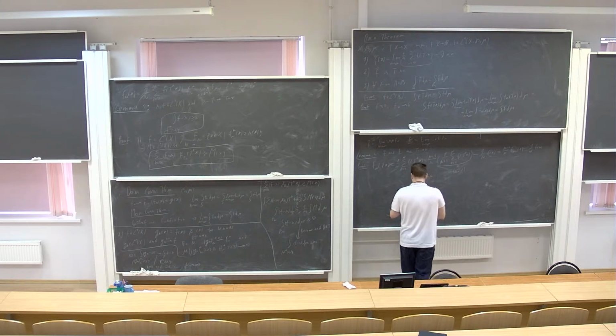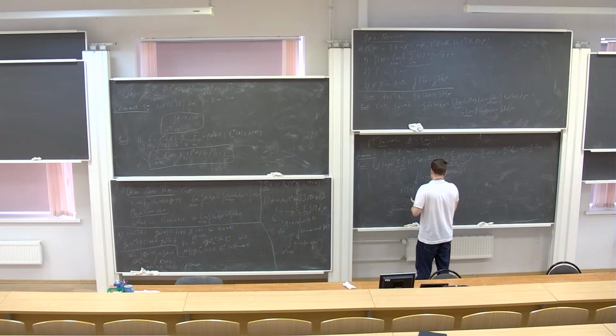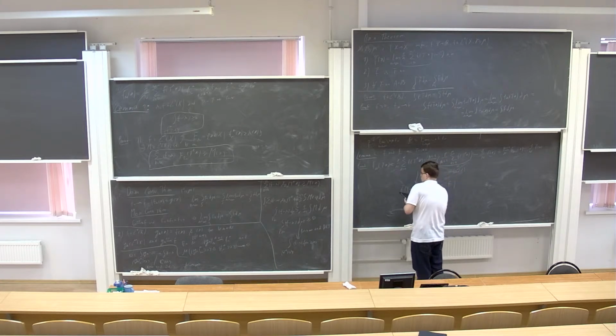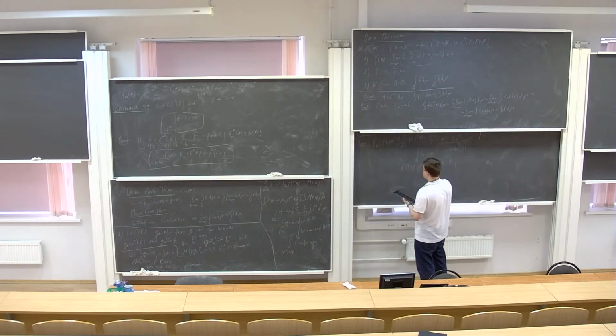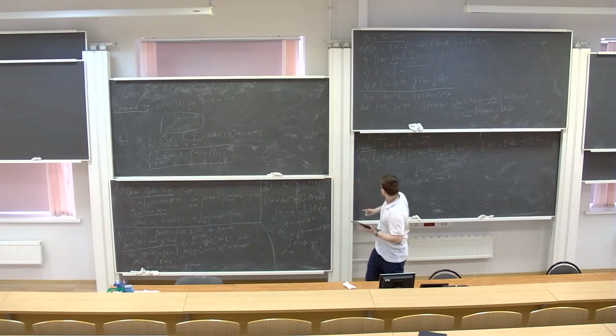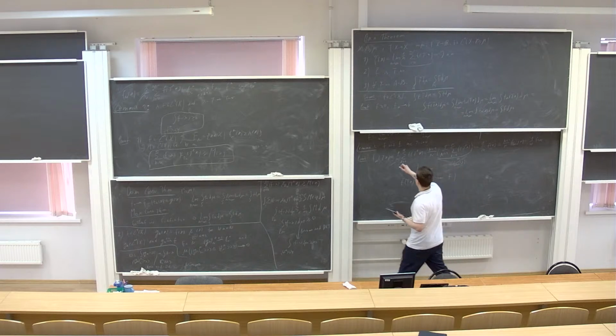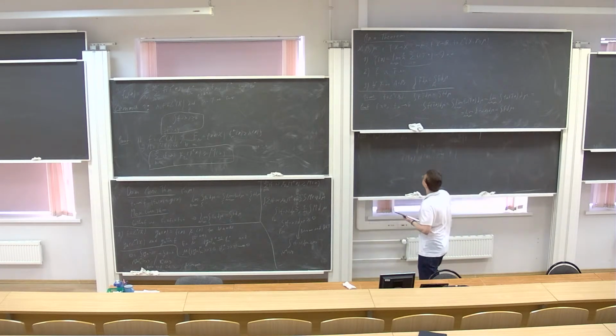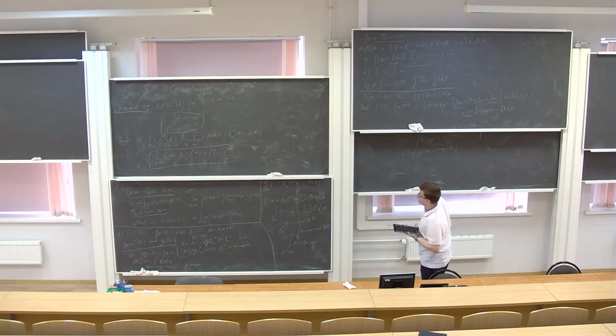We've proved our lemma, and the same thing holds for f lower hat. So we have our lemma number 1, and now we have lemma number 2. We're going to use both of them to prove our main theorem.